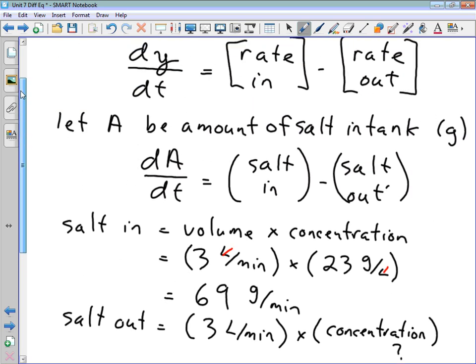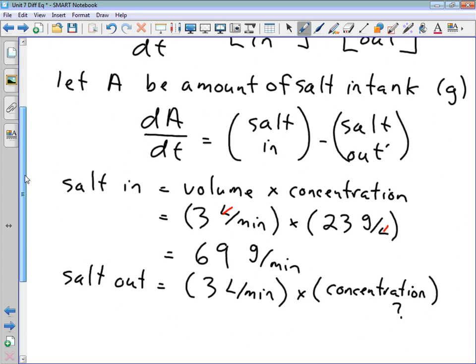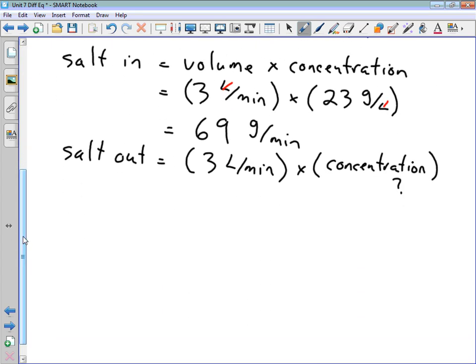We assume that the concentration of salt in the water flowing out of the tank is the same as the overall concentration of salt in the tank at any point in time. So I'll just say here that this concentration depends on A, which is the amount of salt in the tank.